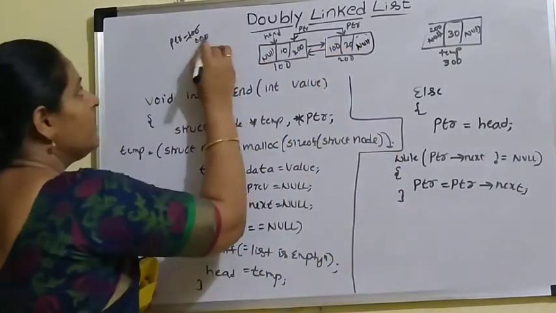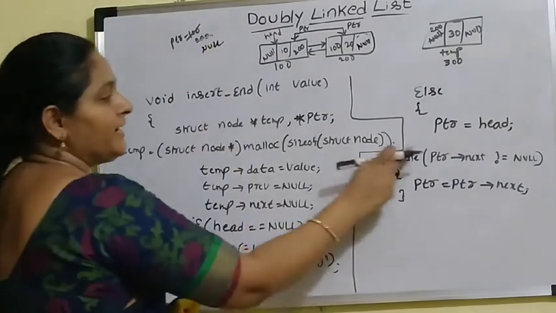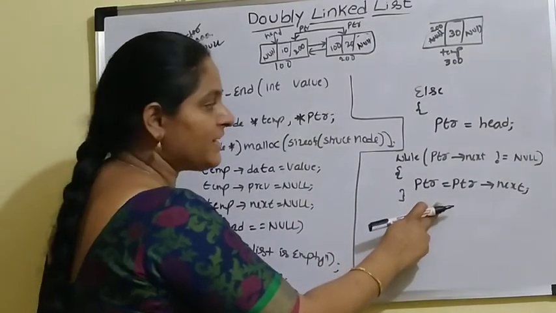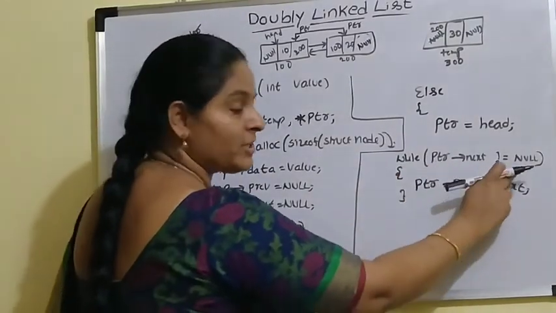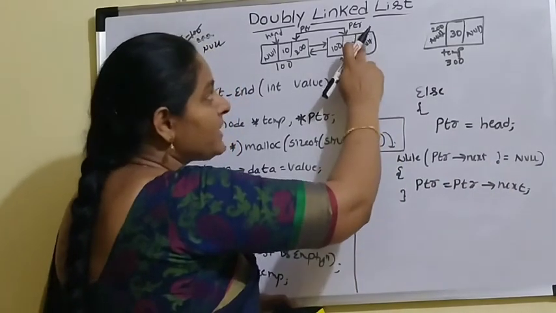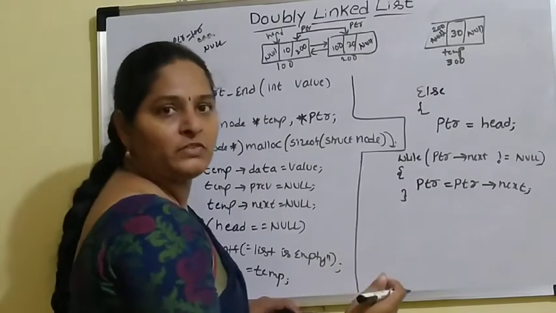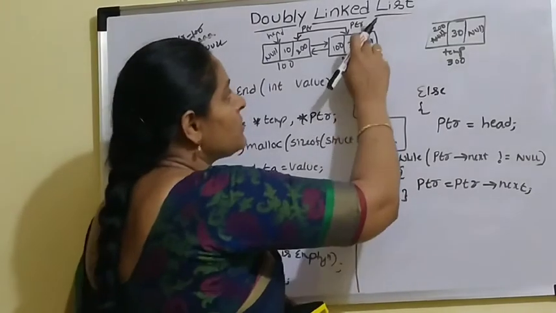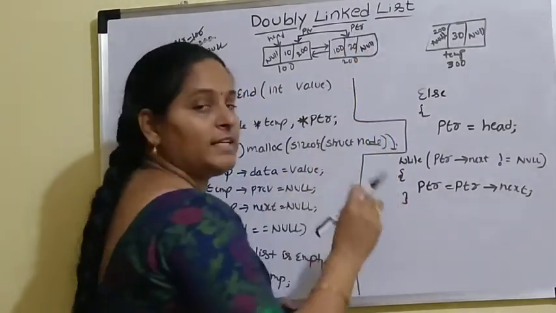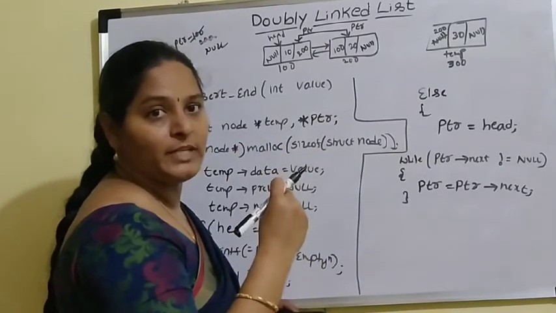PTR next is now null. Here the condition PTR next not equal to null fails, so we come out of this loop. Whenever PTR next is null, that indicates that we found the last element.